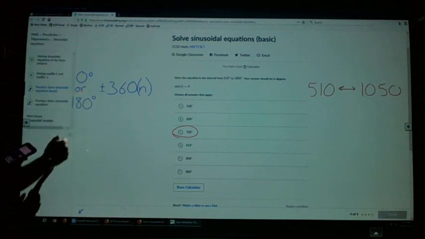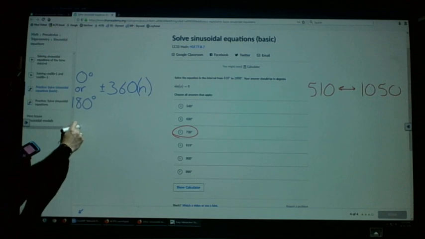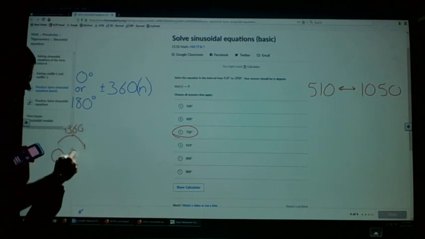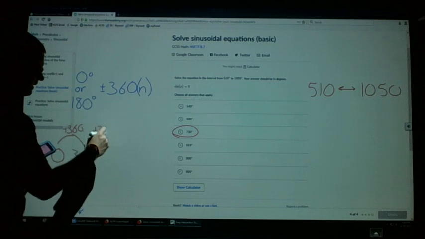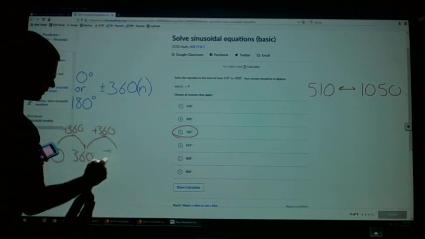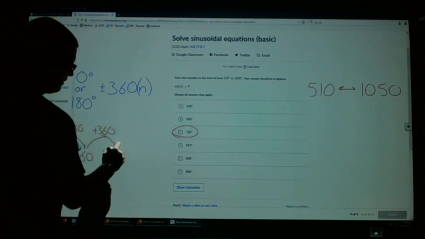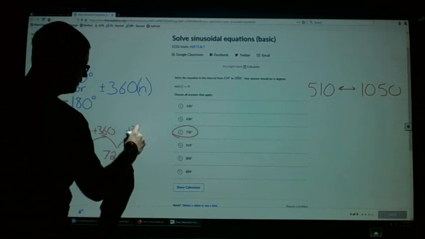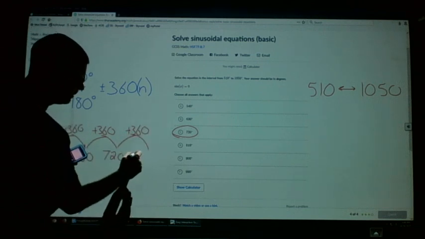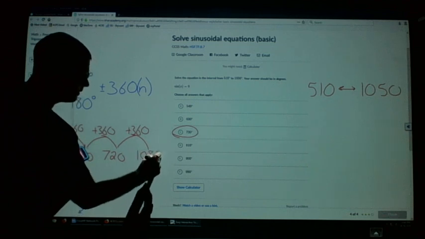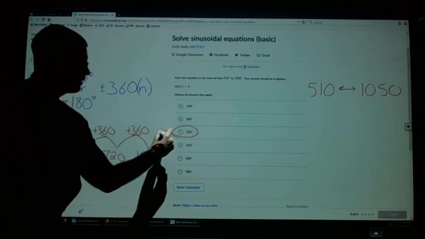We're going to start at 0. Plus 360 is 360. Plus 360, 720. Plus 360, 1080, and then we could keep going.